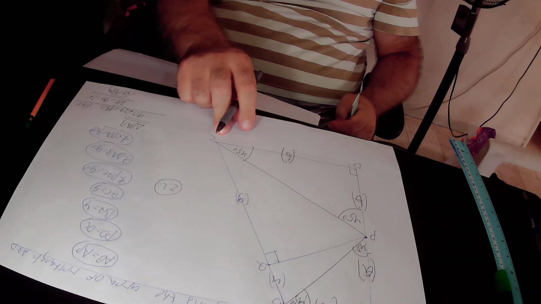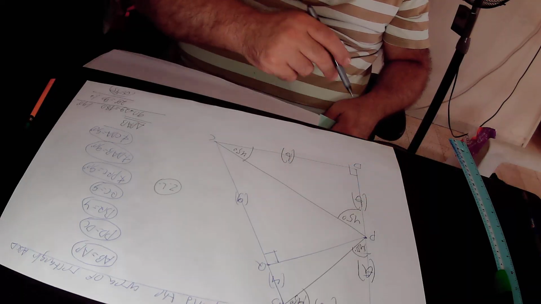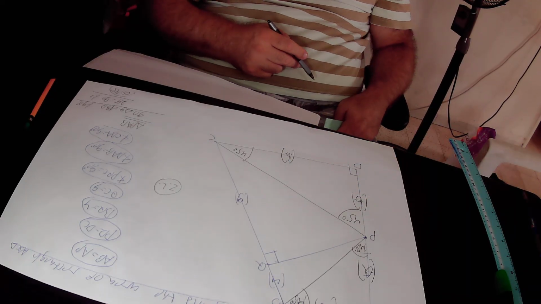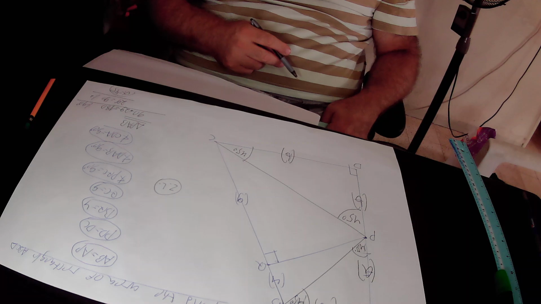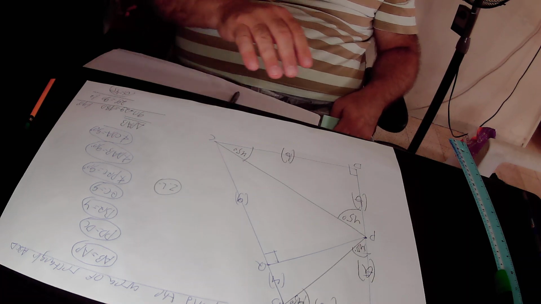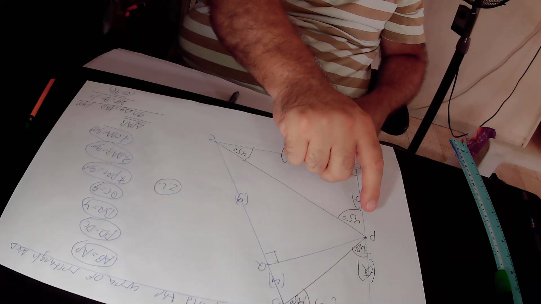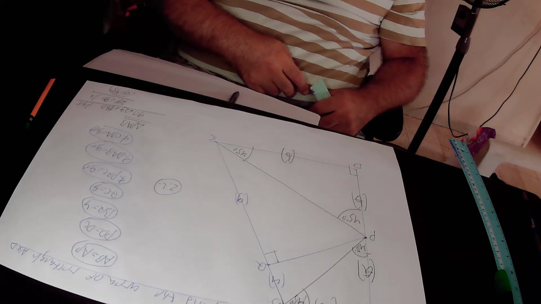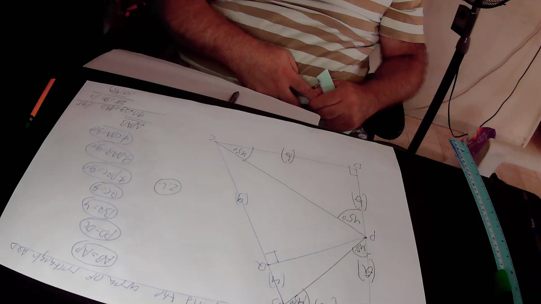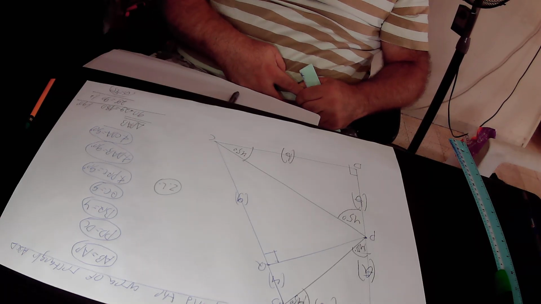So we know that AD is one side of trapezoid ABCD, therefore it is absolutely a straight line. So if you focus on the right side of the straight line AD at point P here, the sum of the angles must be equal to 180 degrees according to rule 3 that states that the sum of the angles on one side of a straight line is equal to 180 degrees.